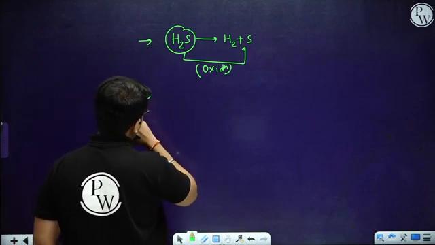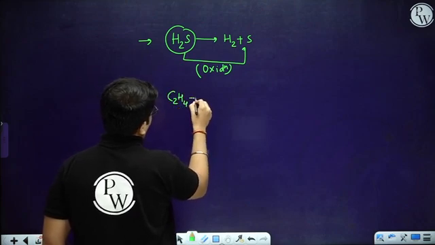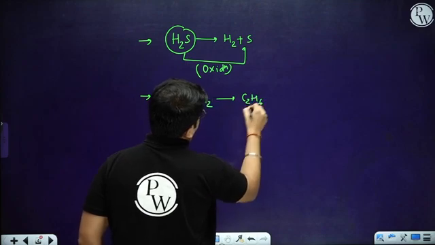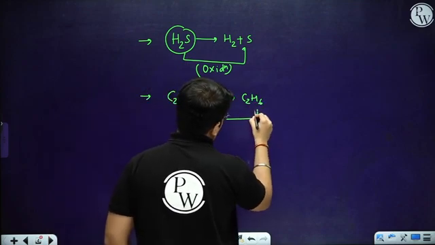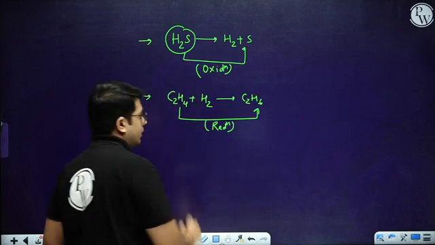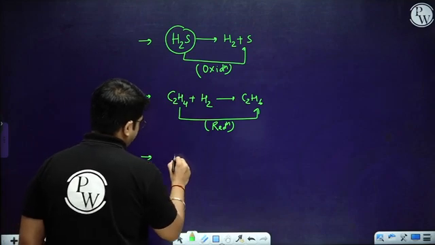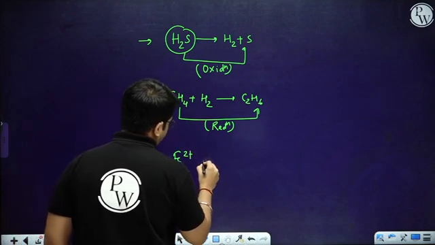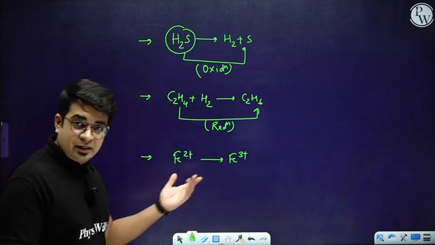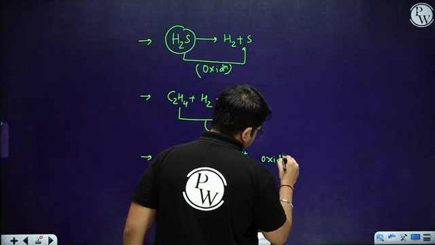Next, C2H4 plus H2 gives you C2H6. Addition of hydrogen, that is the reduction part. Let's say Fe2+ is converting into Fe3+. It means an increase in positive charge. That process is oxidation.